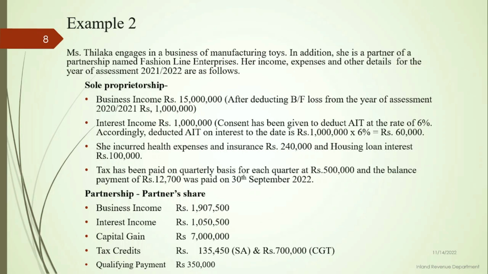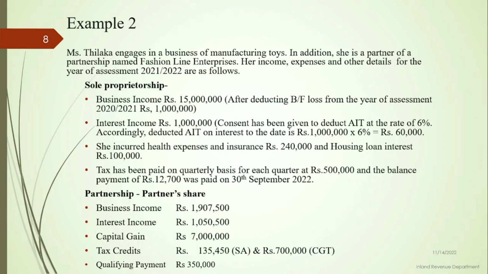She has received business income of 15 million after deducting the brought forward loss from the year of assessment 2021, that is 1 million. She has received interest income of rupees 1 million. She has given consent to deduct AIT at the rate of 6%. Accordingly, deducted AIT is 600,000.